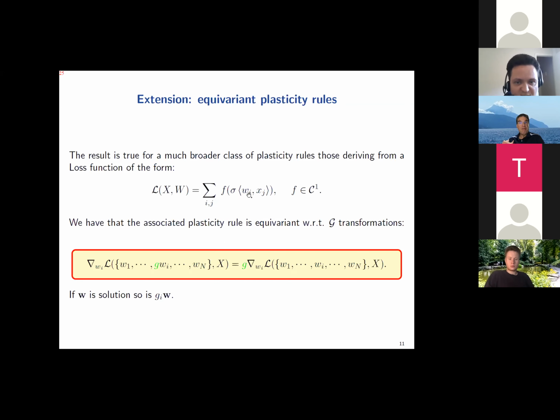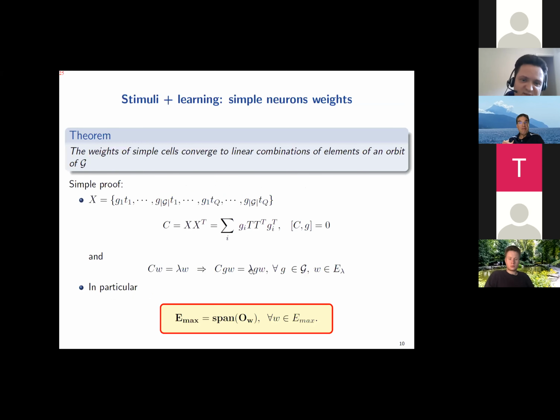So this product here, this guy here inside the F is just an activation of a simple cell, and then you sum, for example, you do any type of operation which is permutation invariant. If this is the case and you have full orbits, that augmentation, what you can prove is that the dynamic is equivariant, okay? And therefore, if omega is a solution, so is any element of the orbit. I think this is an interesting property, which I've shown here in a very specific case.